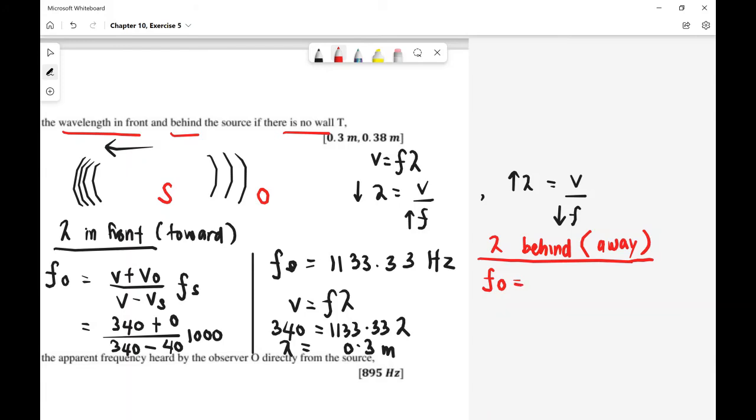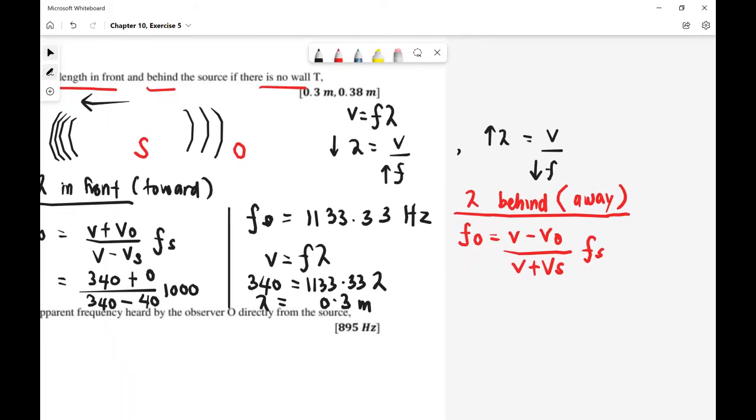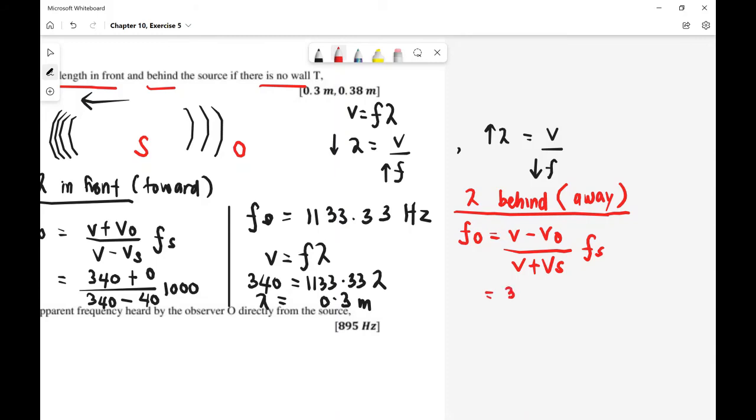FO equals V minus VO over V plus VS times Fs. Then substitute V 340 minus 0, over 340 plus 40 times 1000. So boleh dapat answer 340 over in bracket 340 plus 40, and then times 1000.